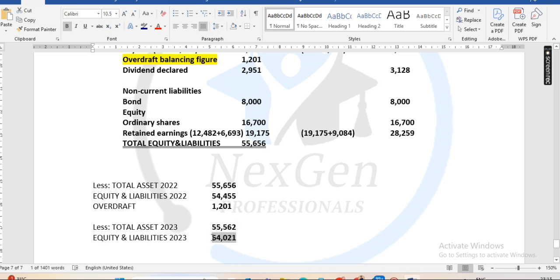Their equity and liability is higher than the total assets, class. Now, what is the implication?